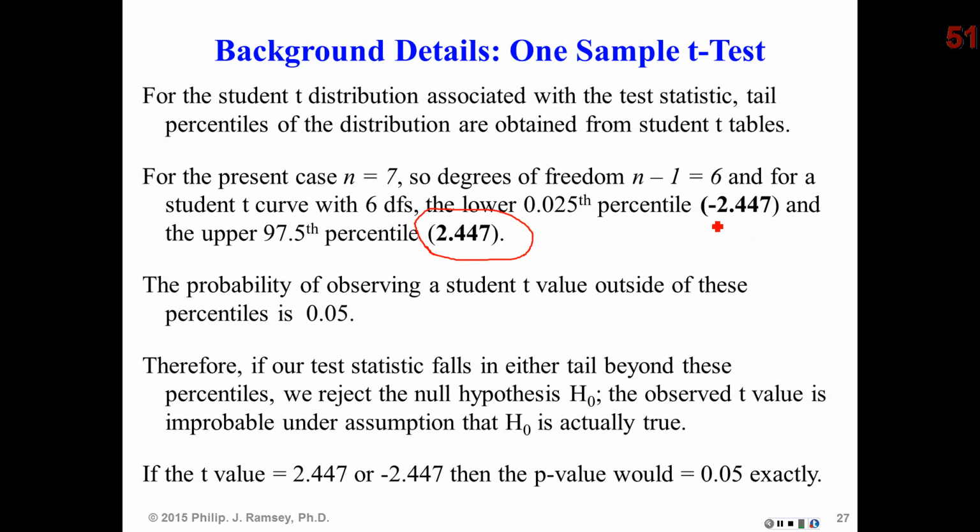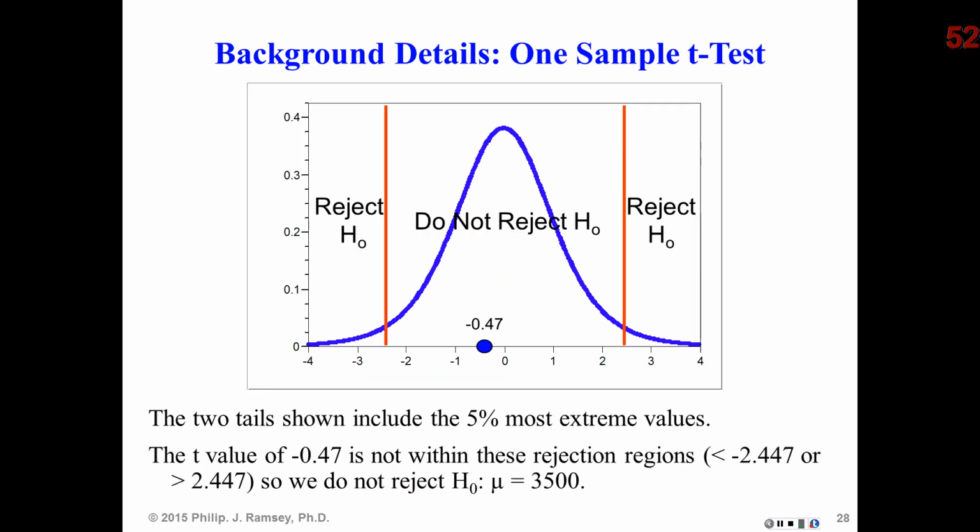Or if you wanted to look at both sides of the distribution, minus 2.447 or 2.447. Well, it turns out that if my sample average led to a t statistic that fell exactly on one of these two values, the p-value would be 0.05. If it's outside of these two values, the p-value is under 0.05 and we would reject.